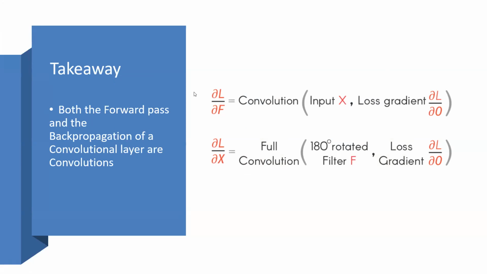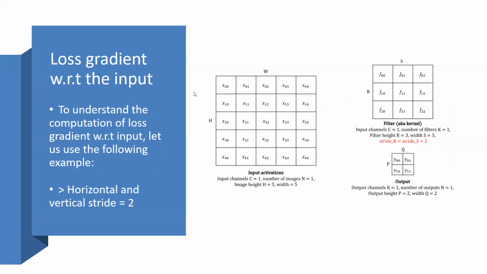Okay, so it's the same intuition if you have a stride greater than 1. For me to explain that to you, we're going to use this example as our input. We have this input activation matrix whereby the input channels are 1 and the number of images is 1, but the height and width is 5 by 5.